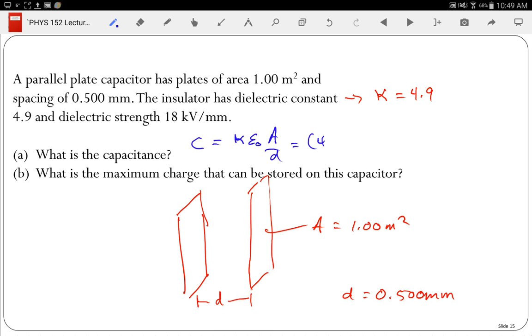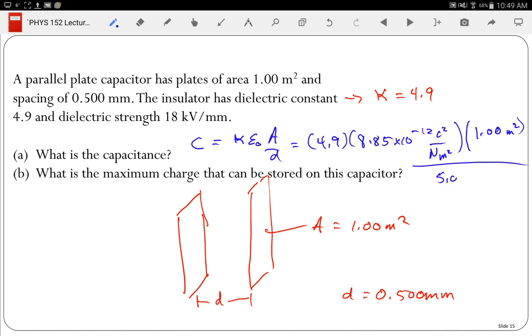So that's 4.9 times 8.85 times 10 to the minus 12 coulomb squared per newton meter squared, times my area, 1.00 meters squared, divided by my separation, 5.00 times 10 to the minus 4 meters. And someone with a calculator, what does that give me?